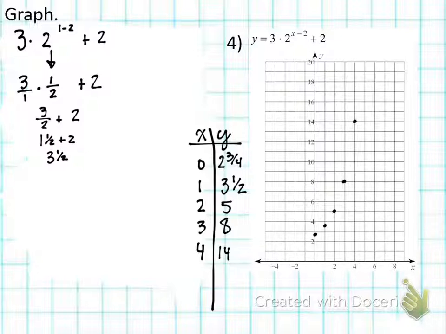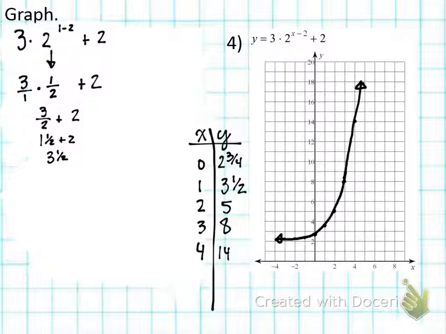Now if I were to graph some points like negative 1, I know that my graph would actually start looking like this. And we're going to explore why it looks like that next week, probably on Monday. Okay, but that's how the graph will look.